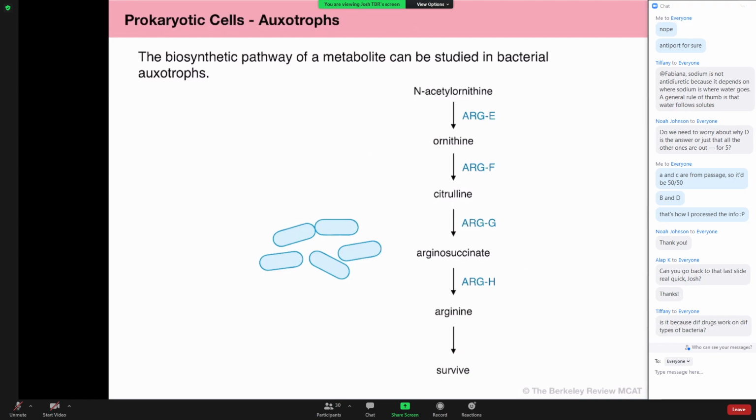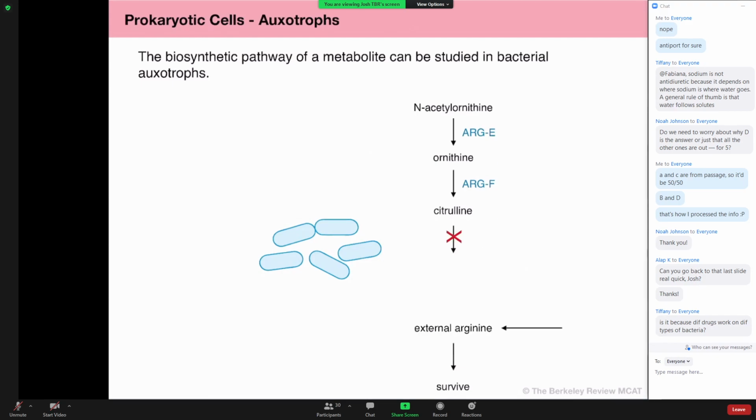So the idea is that if you were to have a pathway in a bacteria and you were to knock out a critical enzyme, in this case, if this is the pathway to create arginine, an essential amino acid, and you were to knock it out, then this bacteria all of a sudden can't grow unless arginine is fed artificially, right?